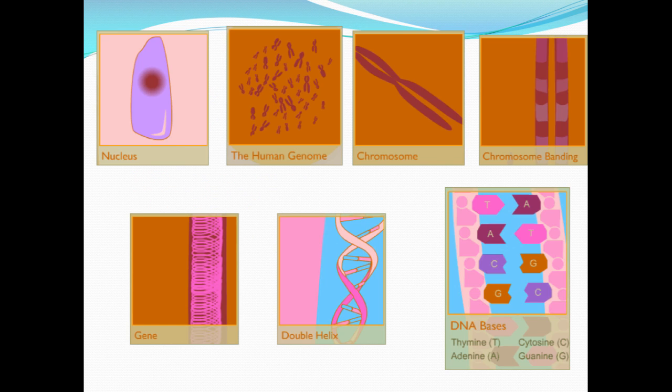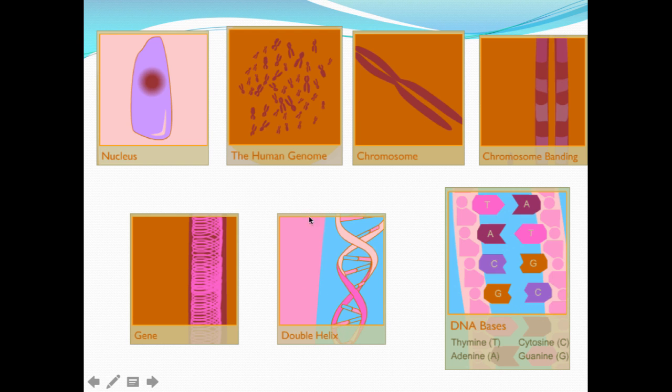This is a great picture to show the levels of organization of DNA. In fact, I think that was the last question on your benchmark that you took earlier this week. So you have your DNA bases. Notice how the A and the T fit together nicely, where the C and the G match like puzzle pieces. If you take a bunch of the bases together, that can make the double helix.